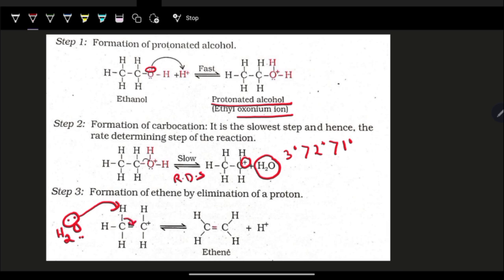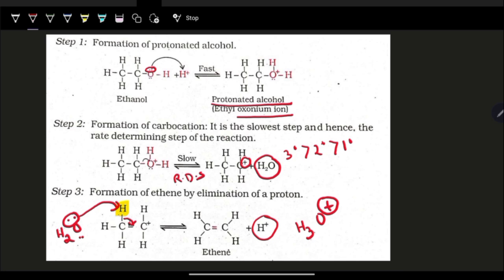Now there were three hydrogens over here; one is abstracted, and so you are left with 2 hydrogens. So CH2 double bond CH2, and in place of this H plus, you actually have H3O plus. Why? Because H2O is taking the proton.